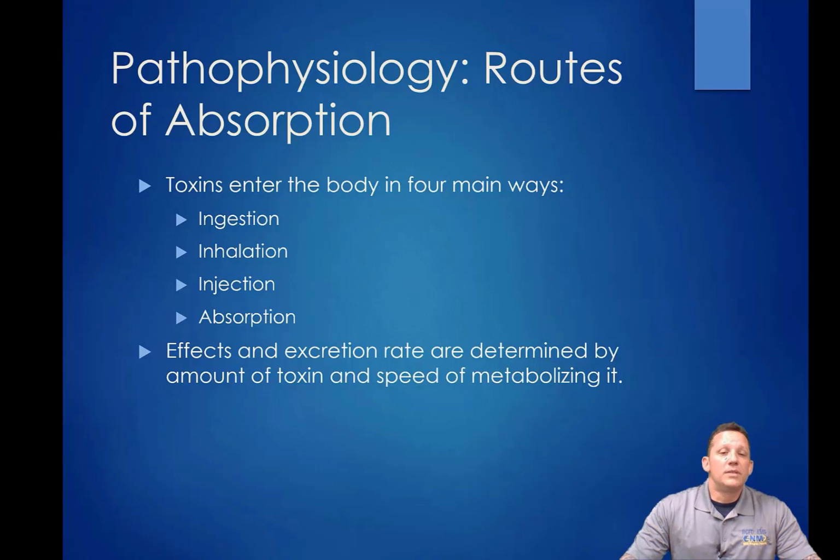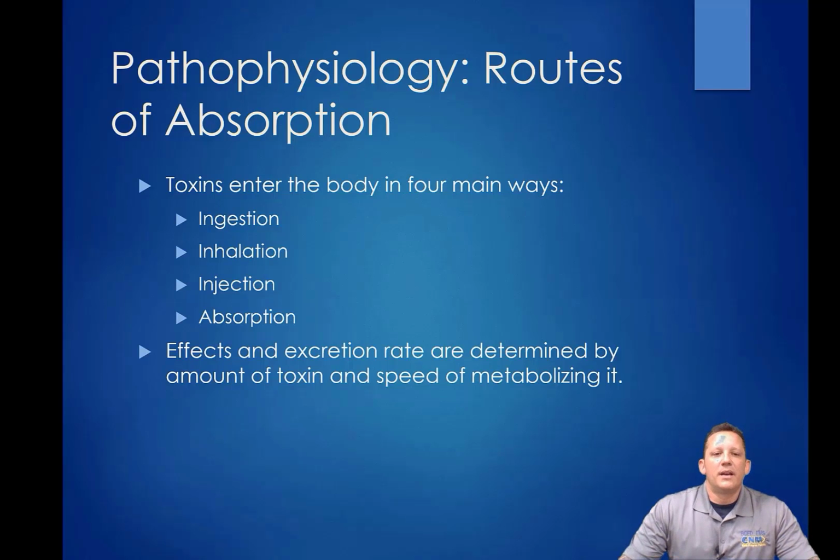Ingestion is typically considered that you've eaten it. Inhalation is anything that the respiratory tract is able to take in. Injection means it has broken the surface of the skin and made entry into the bloodstream that way. And absorption means it can be readily passed through the skin and absorbed into the bloodstream that way.